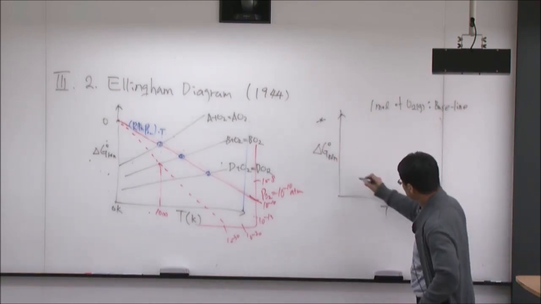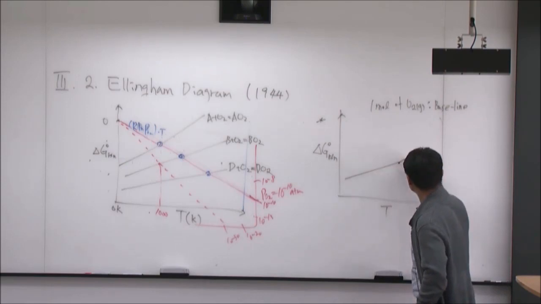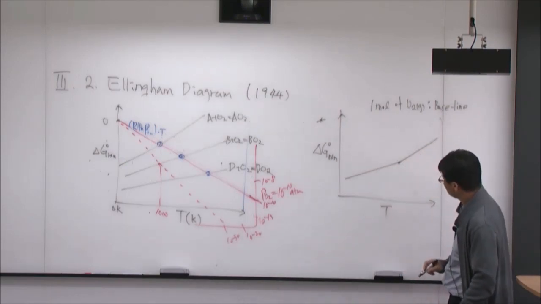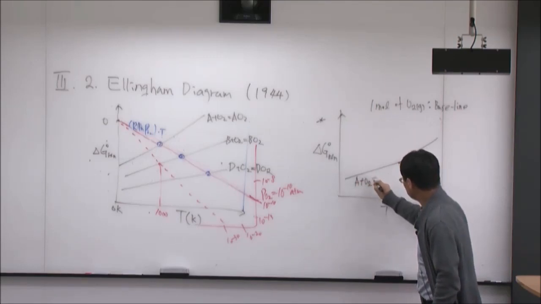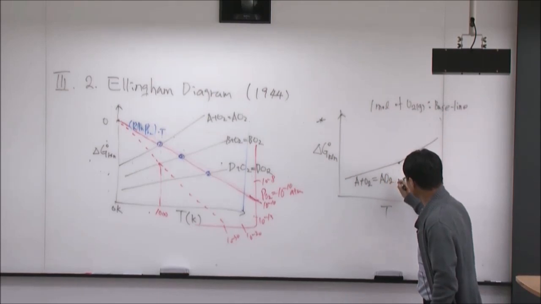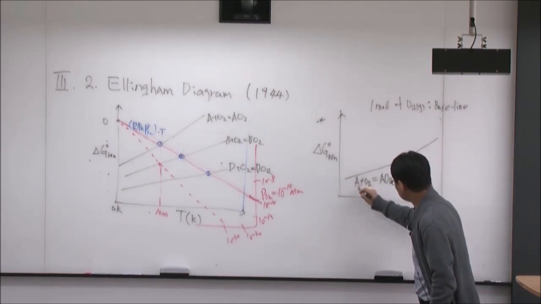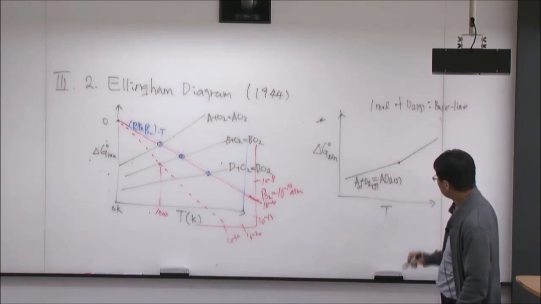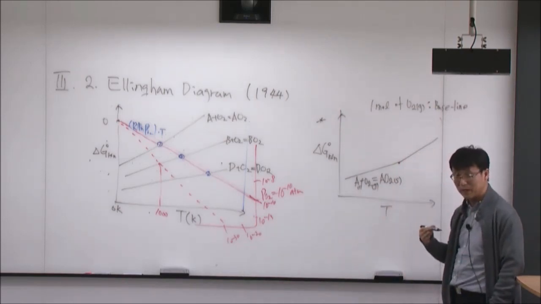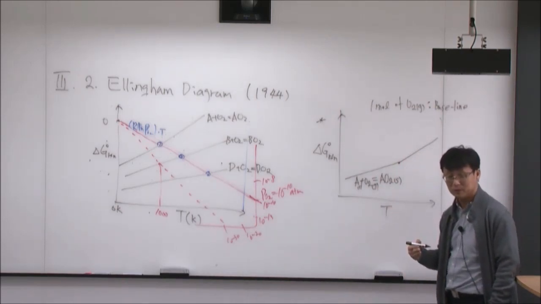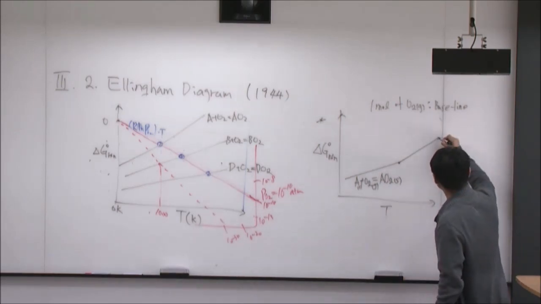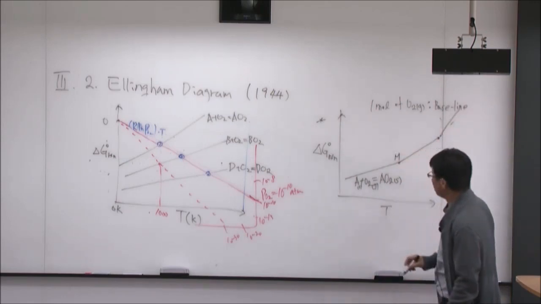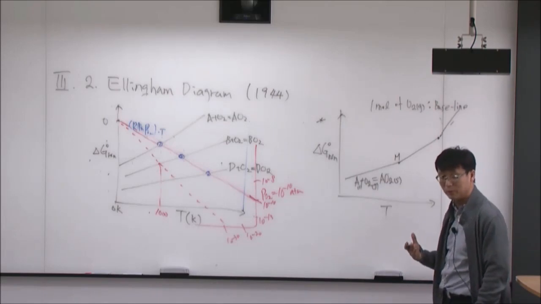Now, let's look at it in this way. I have one curve, and the other curve. For example, this is A plus O2 becoming AO2. Let's assume A is solid, AO2 is solid, and O2 is gas phase. And then A could melt at a certain point here. There will be A's melting temperature and A's boiling temperature at certain points too. So typically in the Ellingham diagram, we have to collect all the thermodynamic information.